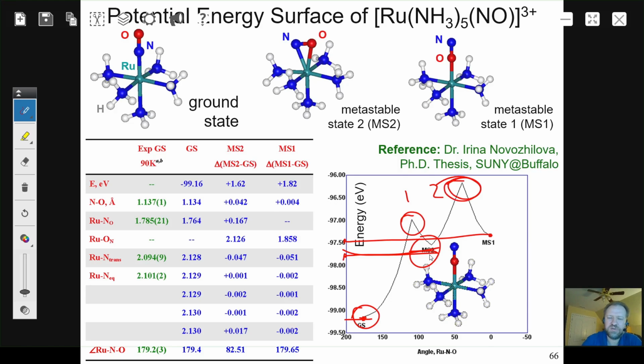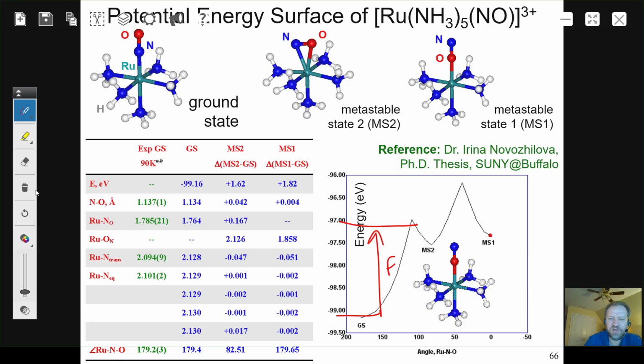And in this region number 2, you have activated complex that is formed as your metastable state 2 goes into metastable state 1. And at the top of these reaction profiles here, you have the activation energy. So this is the activation energy, let's call it E sub A1, which is needed for the ground state to go into metastable state 2.